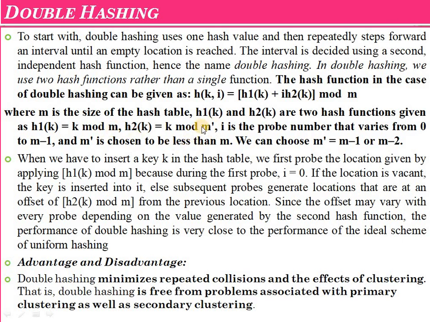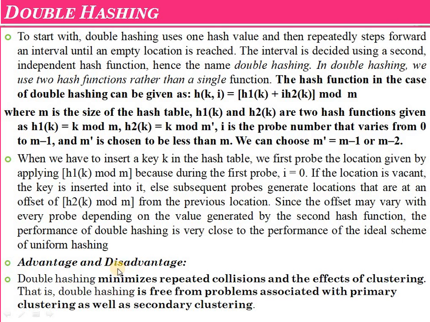Here we are using m and here we are using m'. i varies from 0 to m minus 1, but m' is always less than m, and m' equals m minus 1 or m minus 2.